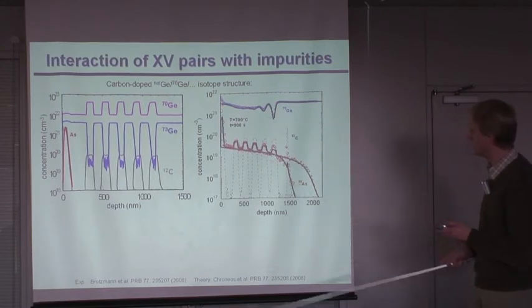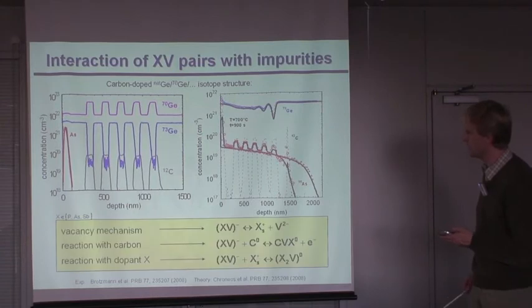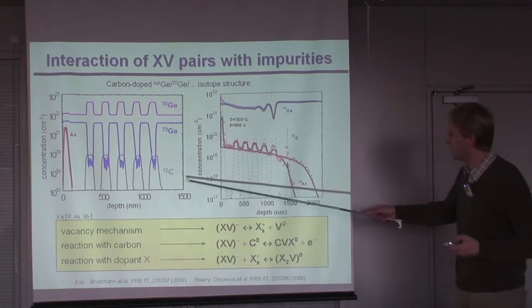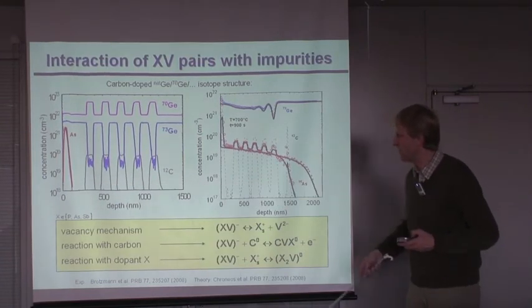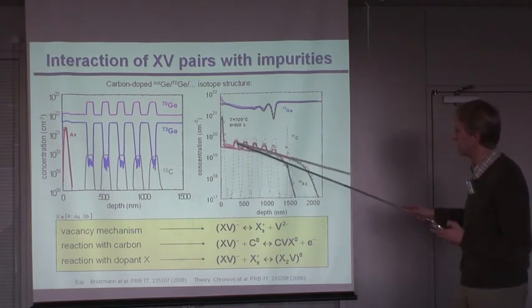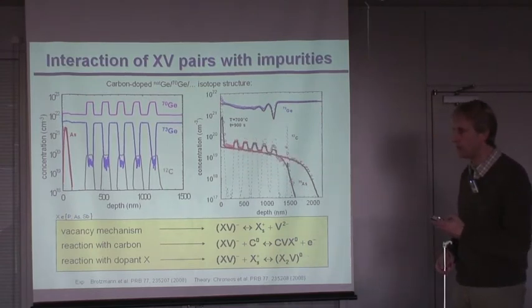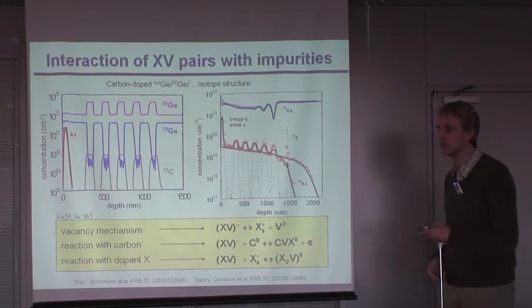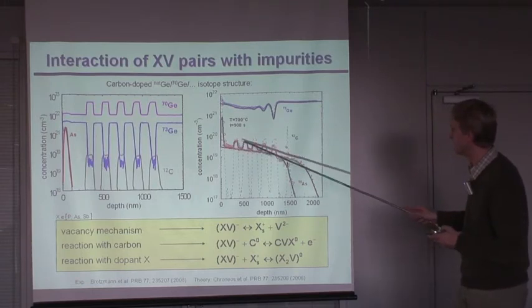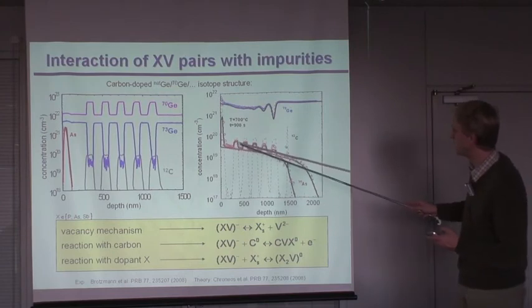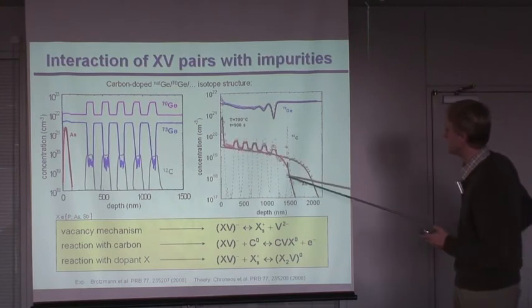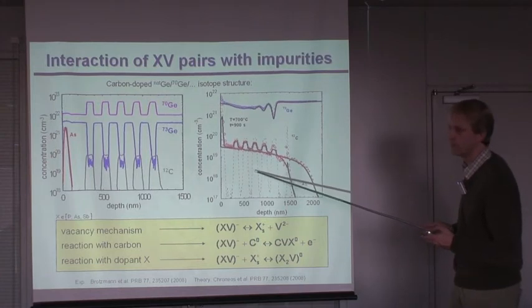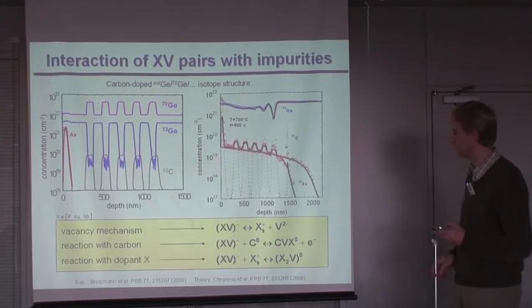Okay, this is already a lot of information, and now since you have here additionally carbon inside, which, as you can see here, due to the segregation, acts as a trap for the arsenic, you have to invoke additional reactions in order to explain this behavior of arsenic diffusion in the isotope superlattice structure with the carbon inside.